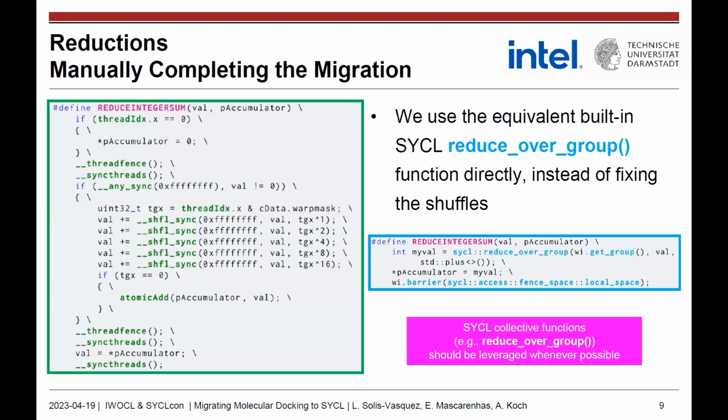Instead, we can transform this reduction code by using a SYCL built-in function, which is reduce over group. As you can see on the left, the initial CUDA code can be migrated into fewer lines using this built-in function.